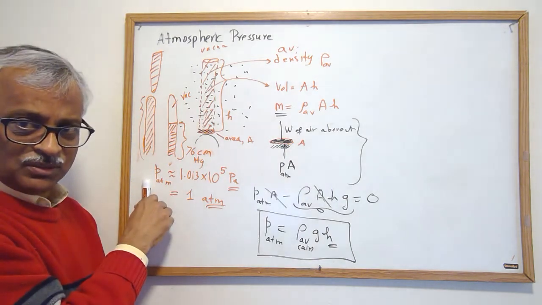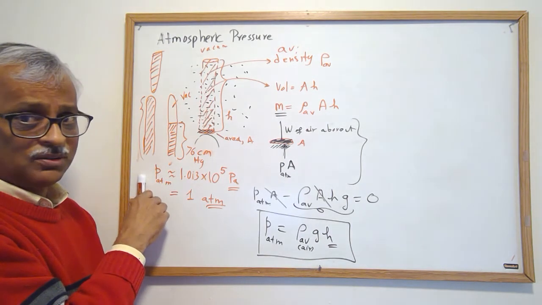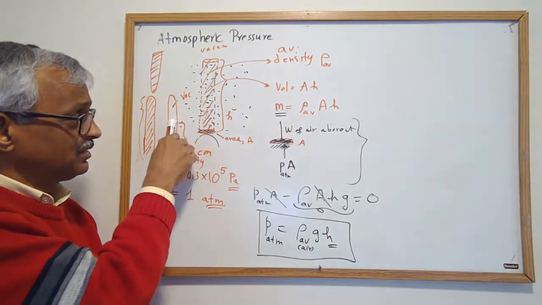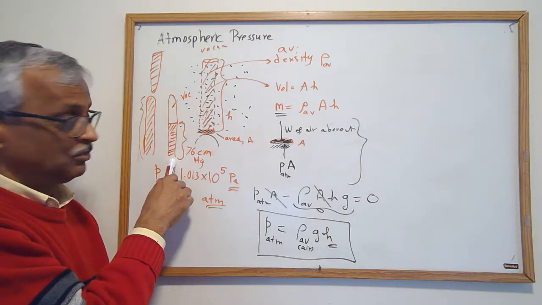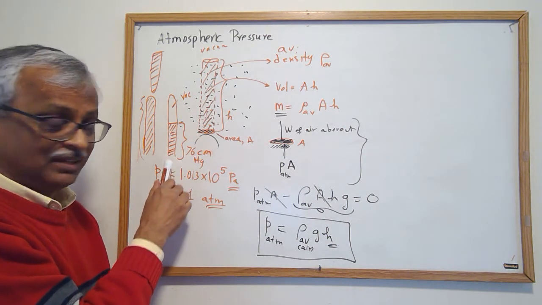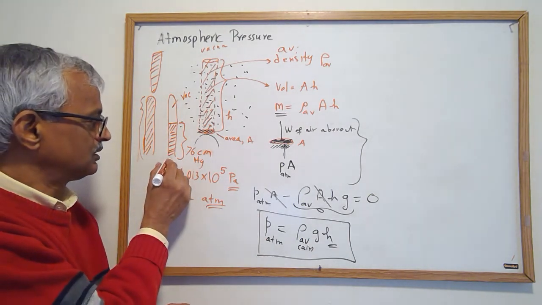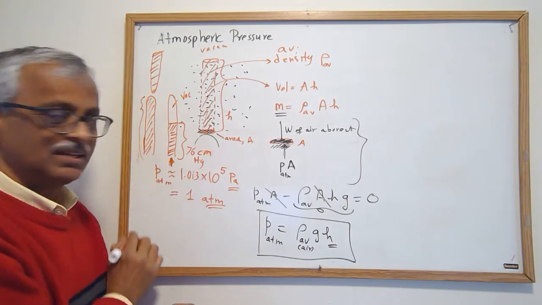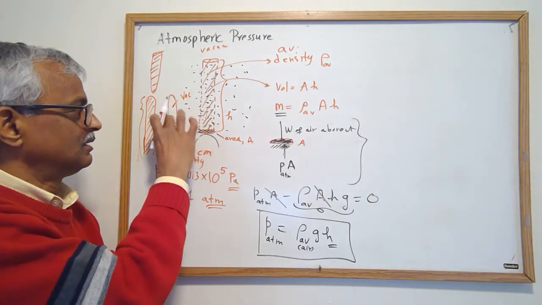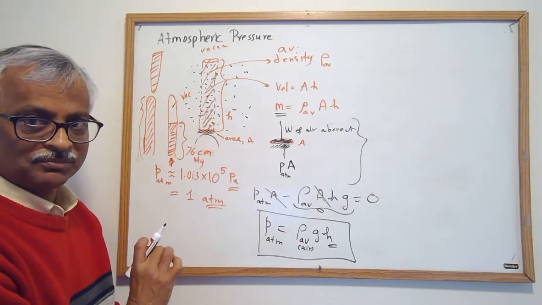Mercury will empty out, but not all of the mercury will empty out. It will still hold this much, which means something is pushing it up, and that's coming from the atmospheric pressure. Just outside, the atmospheric pressure is applying the necessary force that balances the weight of this column.